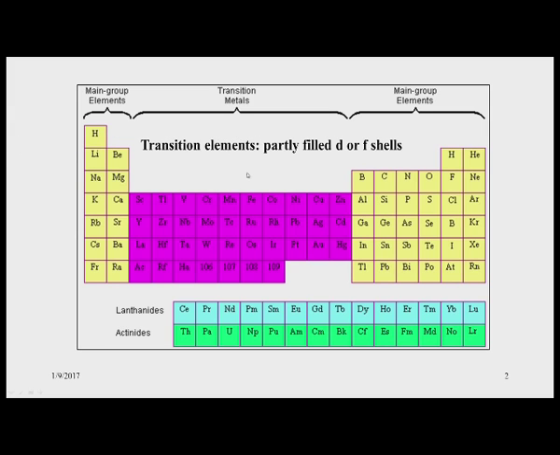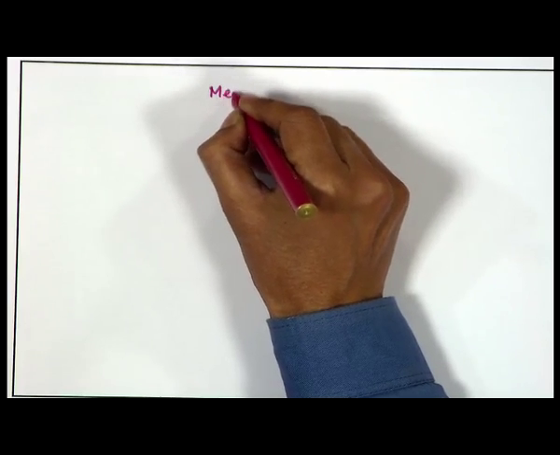The definition is that for the pink elements we have partly filled d levels, and for the lanthanides and actinides we have partly filled f shells. Now let us consider the period 4 transition metals, and we will see the properties of these metals.